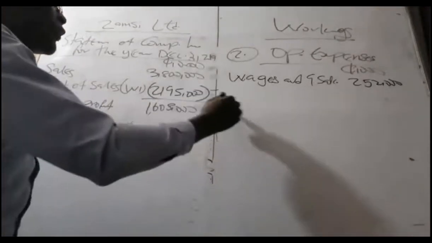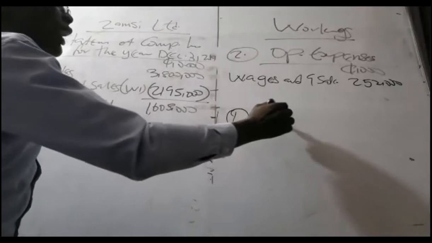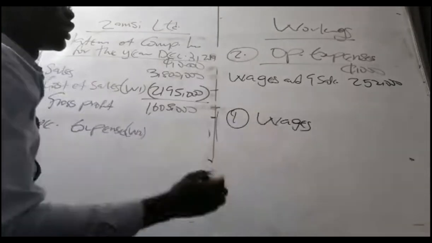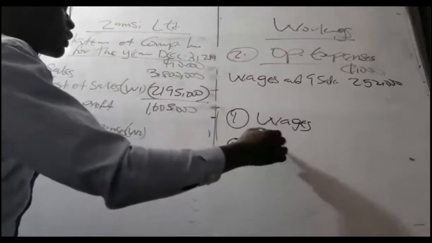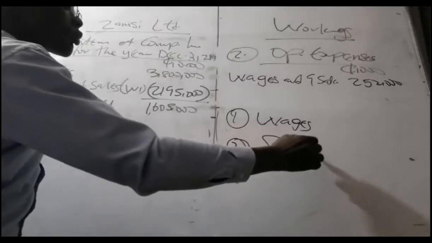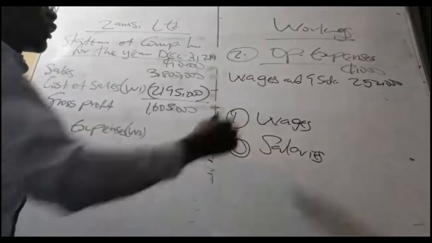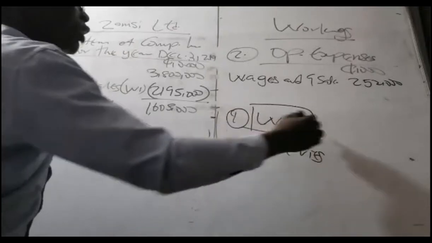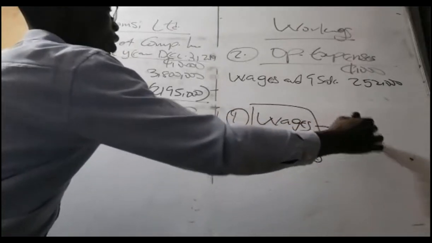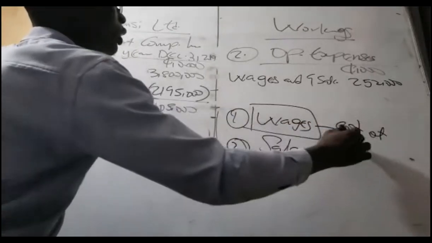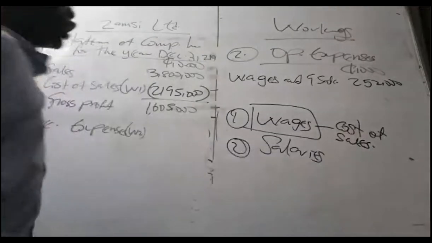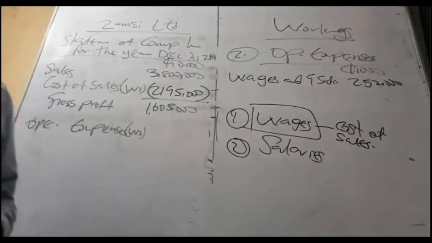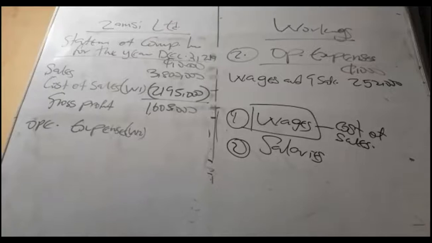Please, what if wages was standing alone, or it was salary standing alone? Now, if it's wages, wages standalone goes to cost of sales. Wages standing alone goes to where? Cost of sales. The rest goes to operating expenses.